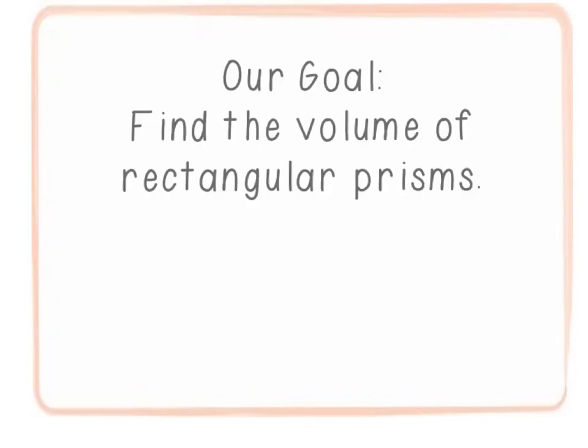Alright, so our final goal was to be able to find the volume of rectangular prisms. So if I was to ask you, how do you find the volume of a rectangular prism, you should be able to write this formula. Volume equals length times width times height. Okay?